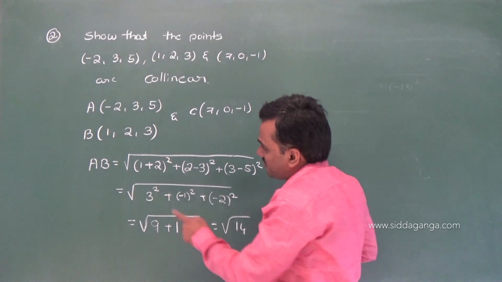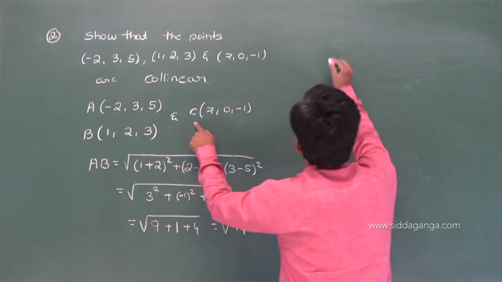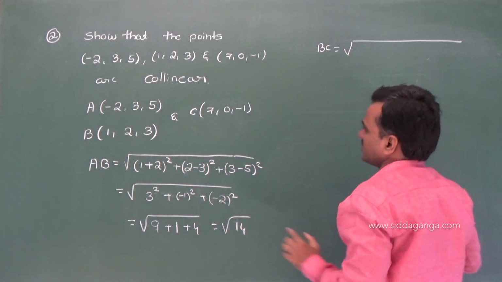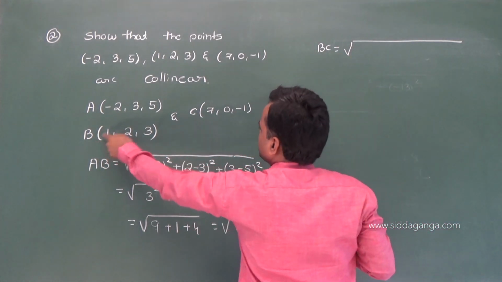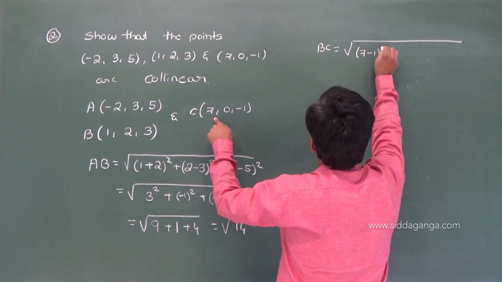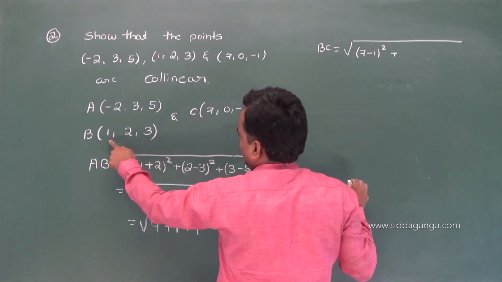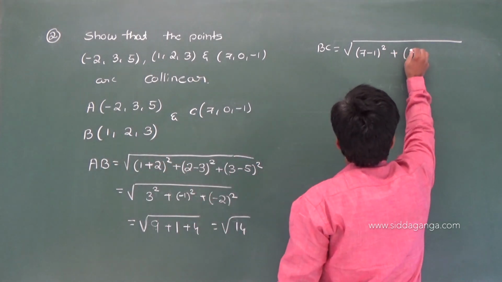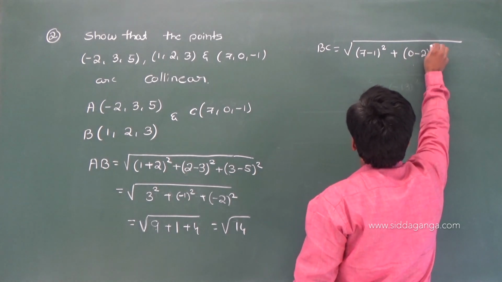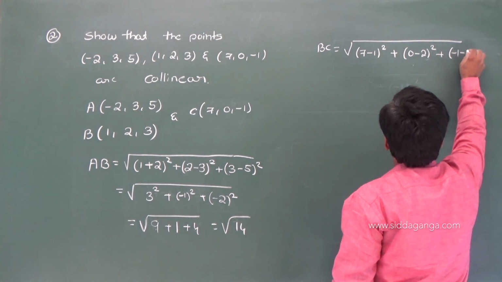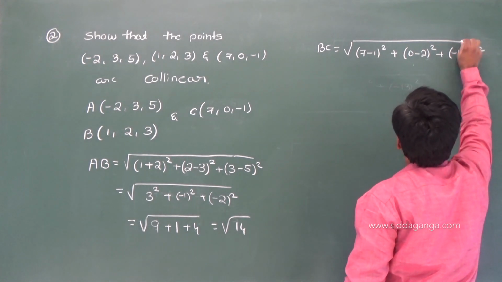Correct? Similarly, we find the distance from B to C. Directly I calculate because we already discussed how to solve distance between 2 points. Distance between B and C: 7 minus 1 whole square, plus 0 minus 2 whole square, plus minus 1 minus 3 whole square.